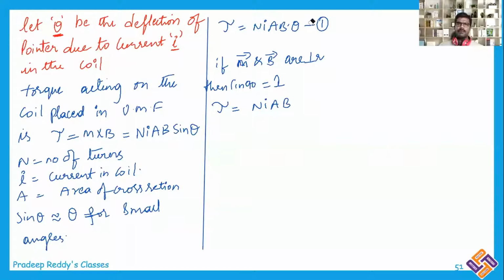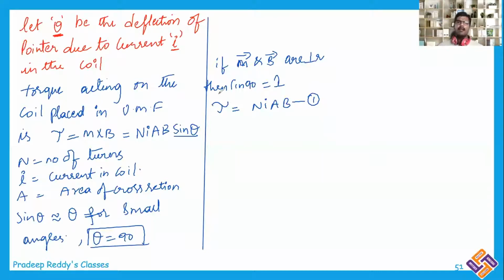I'll take this equation as number 1. And you can just wipe off this equation. So here theta can be equal to 90 degrees. As theta is 90 degrees, sine 90 will be equal to 1. Therefore, tau will be NIAB. This is torque due to current carrying conductor.